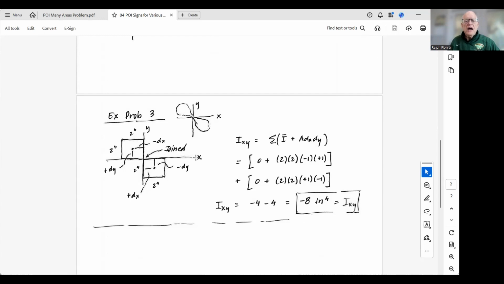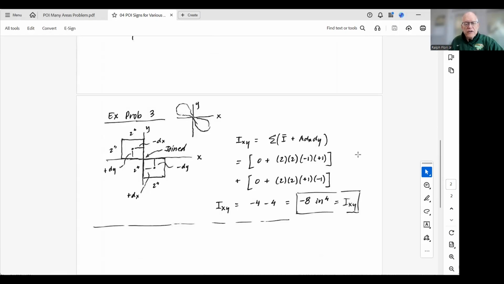And so remember, IXY for an area that is already at its principal orientation, where its IX is a max and its IY is a min or vice versa, is 0 in that case, if they're principal.